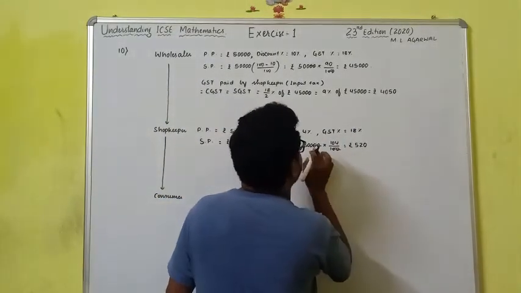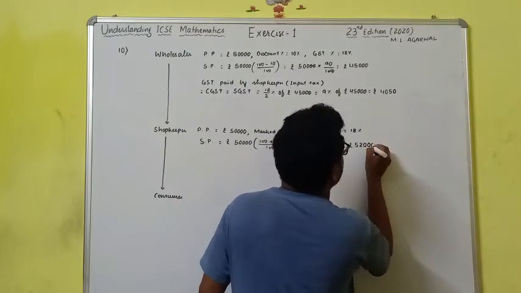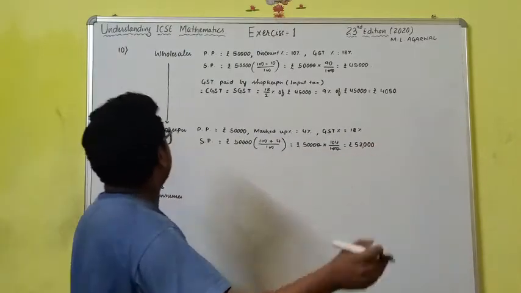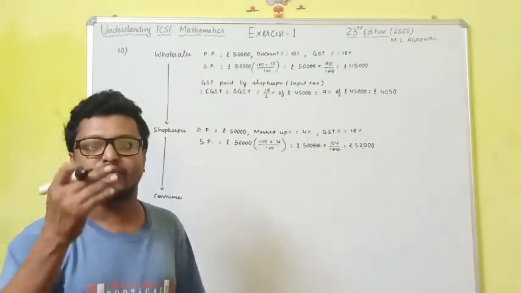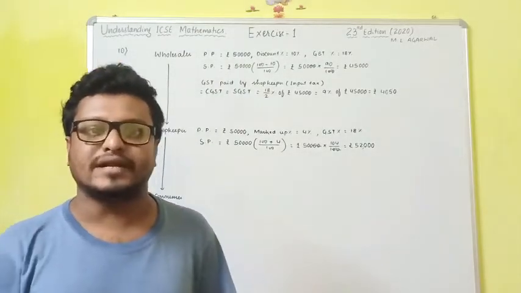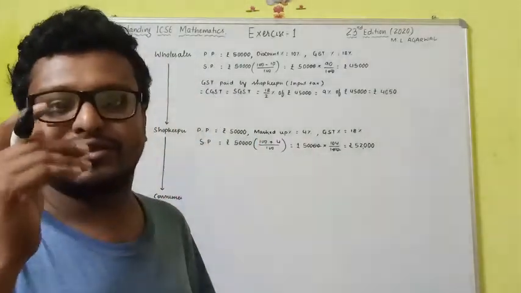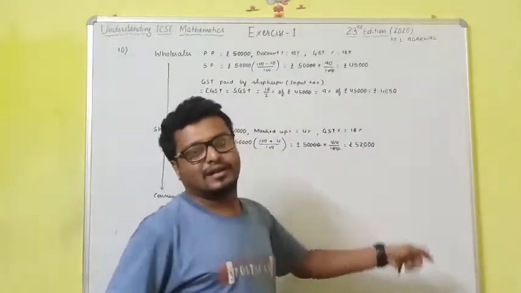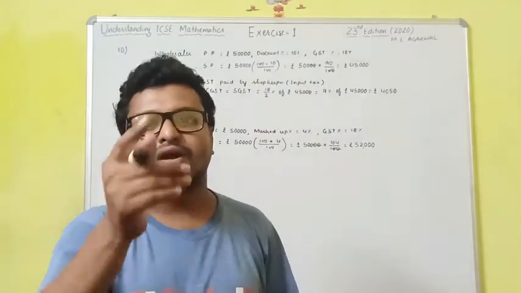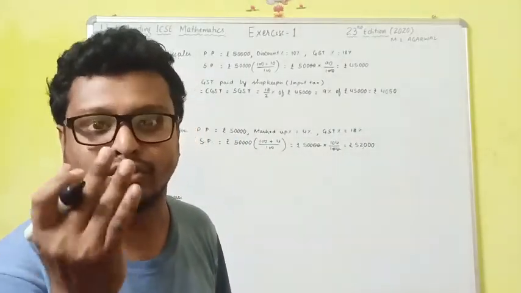How many zeros are there? Two zeros, so he will sell at 52,000. If you are the consumer, you have to pay 52,000. Means he bought the thing at 45,000 but sells it at 52,000, which means 7,000 rupees profit.